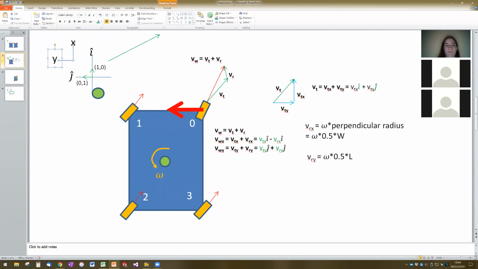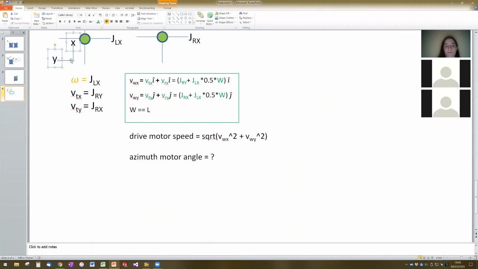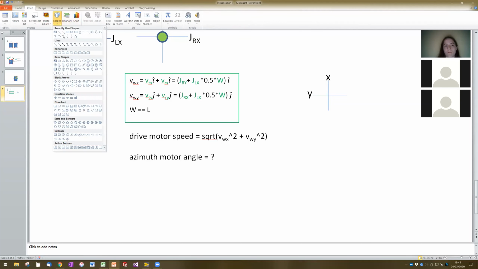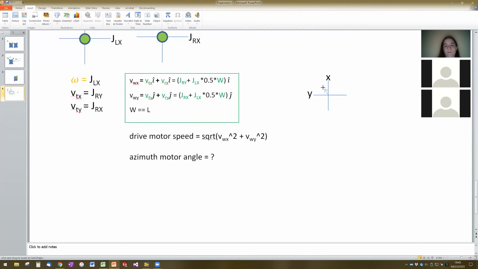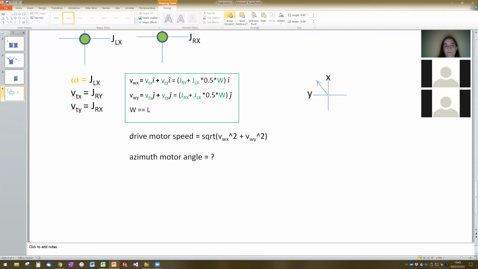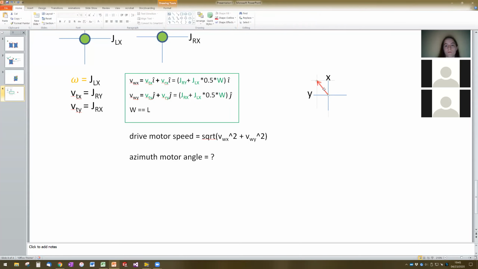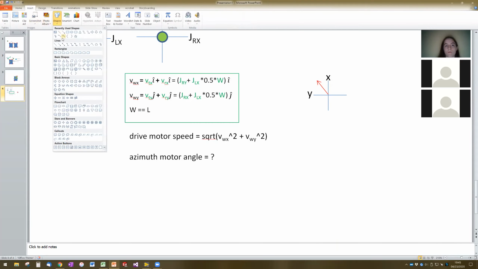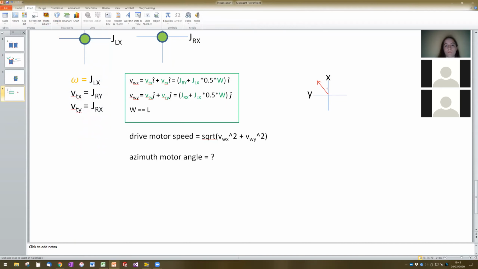I'll grab an example coordinate system. That is my wheel, this red one is my wheel velocity vector.